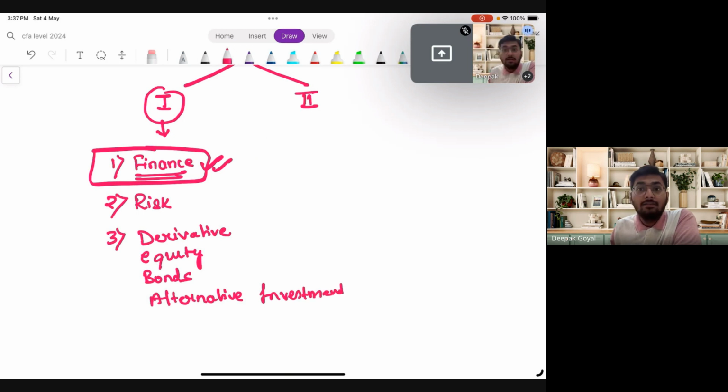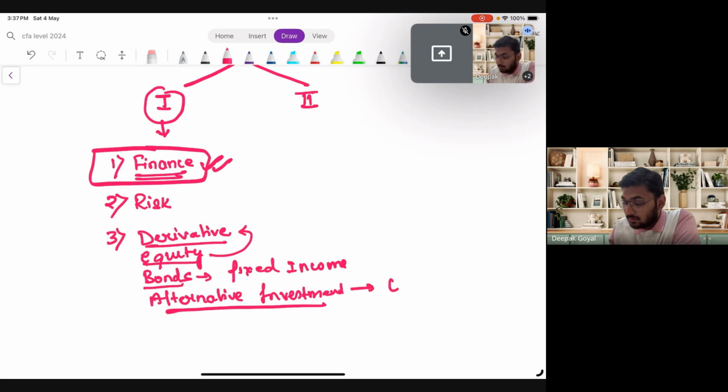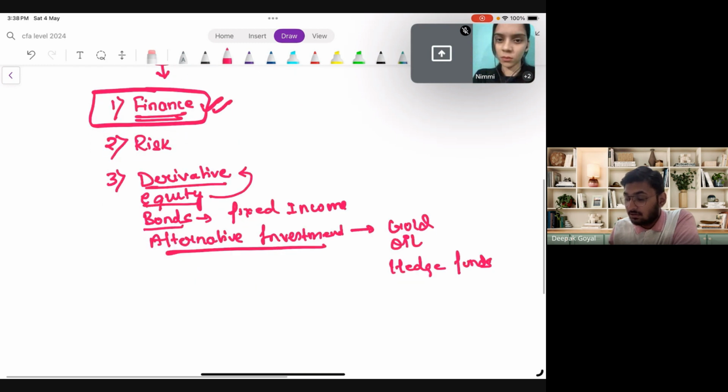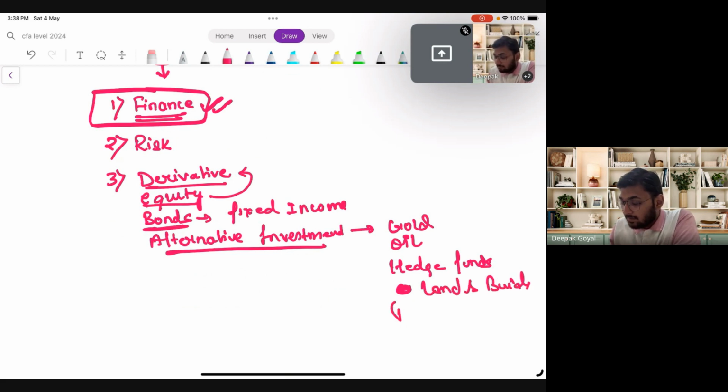Now, what are these alternative investments? We know that derivatives come from equity. Bonds, we all know, are where we get some fixed income, just like fixed deposits. But alternative investments are like gold, oil, hedge funds, land and building, and private equity.